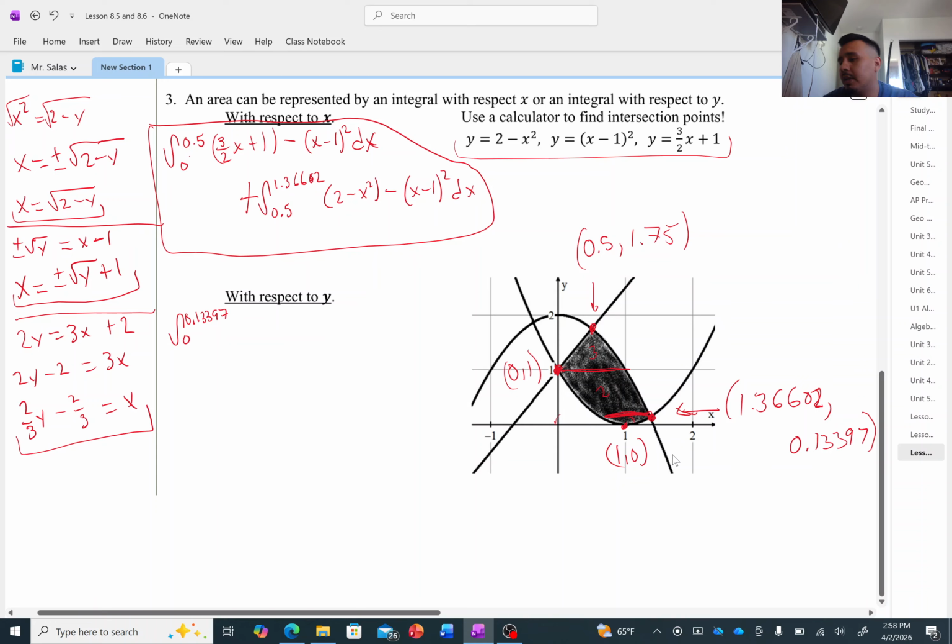So yes, I would start with the positive parabola. So I would write square root of y plus 1. Sorry, this is going to be a little bit of a long video, but I'm trying to get through as much as I can as fast as I can, okay? Minus, parentheses, negative square root of y plus 1 dy.